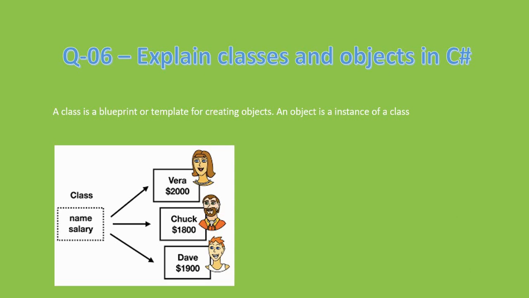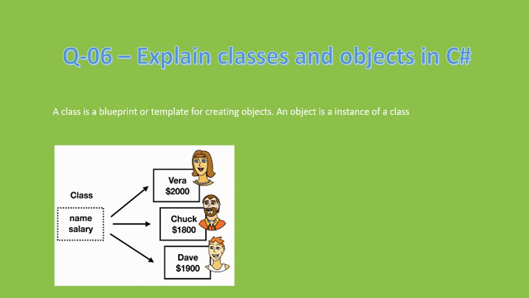We know there are 6 OOPS concepts: classes, object, inheritance, polymorphism, abstraction, and encapsulation, right? The first two are classes and object. You need to explain what these are, alright?